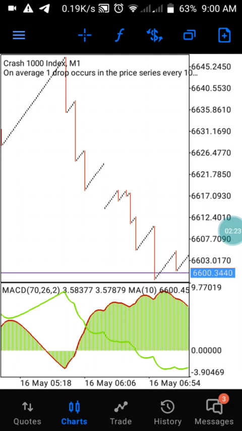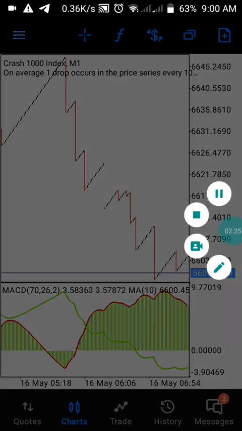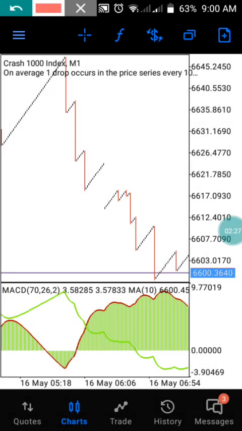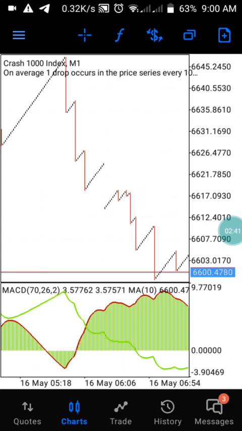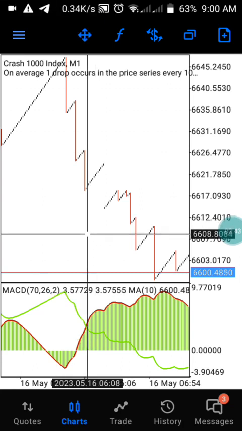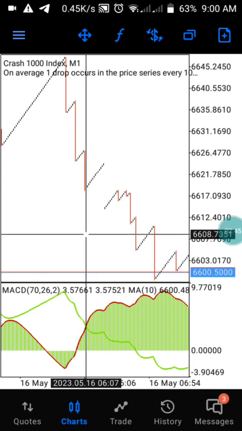I'm using the last zoom level here so that you can really see. This is our moving average, the green one here. We are going to be waiting for this moving average to cross the MACD on the above histogram. Anytime it crosses, that is the right time to enter as a sell entry. You see, at this moment they are crossing each other at this level.